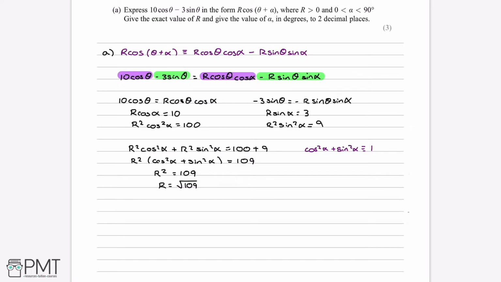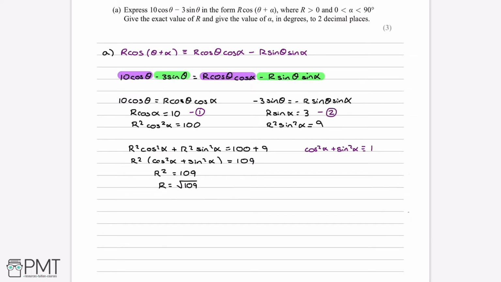So now if we go back to our previous workings, and we call r cos alpha equals 10 equation 1, and r sine alpha equals 3 equation 2.